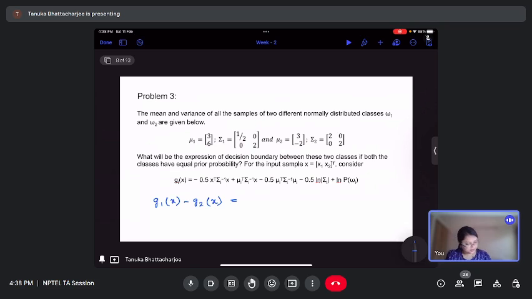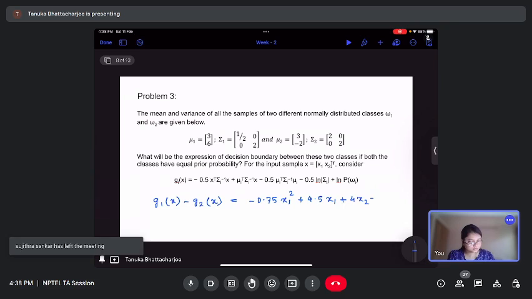So g1(x) minus g2(x) you will get as this expression.